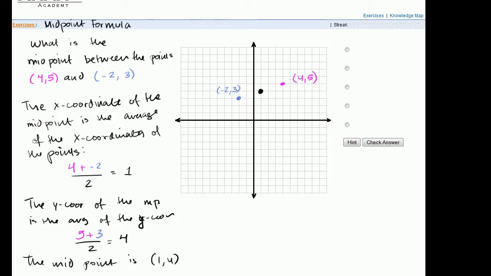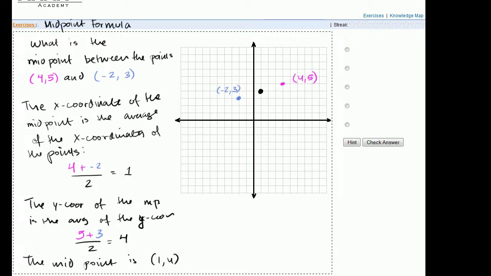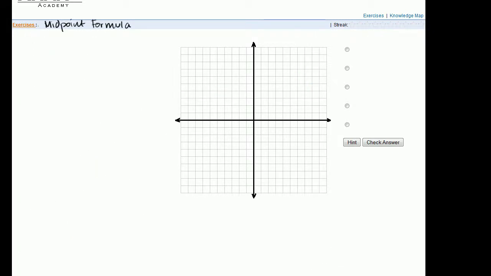the midpoint. Now, the other type of problem we have here is we give them one of the points and the midpoint, and then we ask them to solve for the other point. So we could say, the point 2, -1 is the midpoint of 3, 5, and what point?